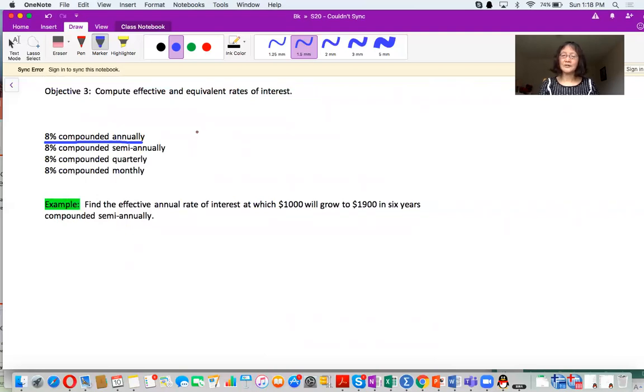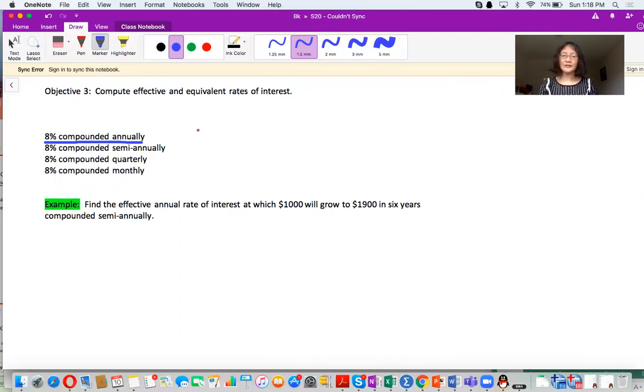So how did you get it? The way you are thinking is you use the principal of $1 and a time period of 1 year to calculate the amount, the effective rate.